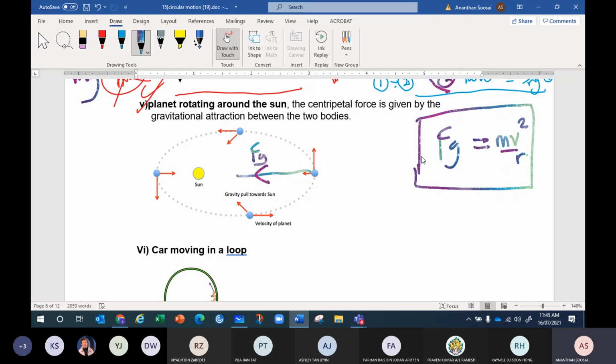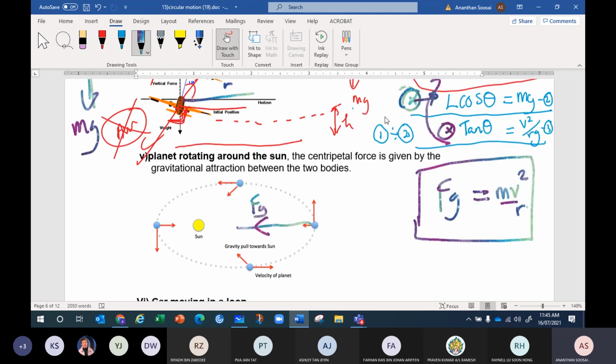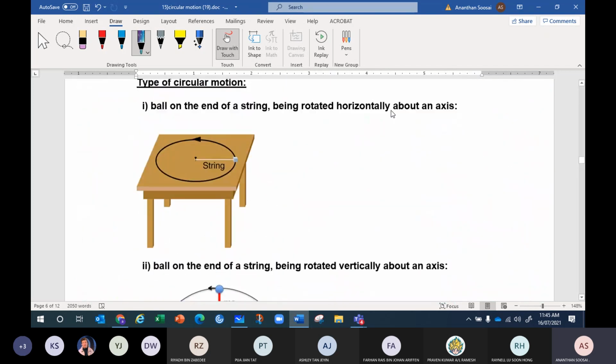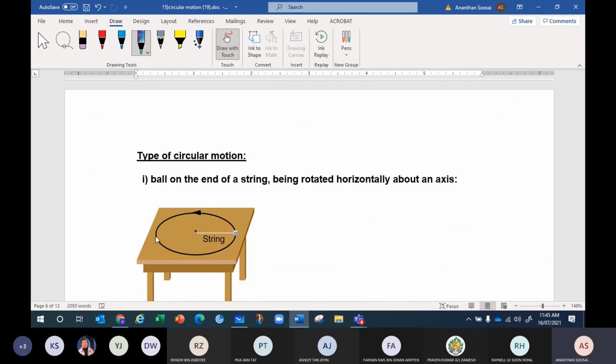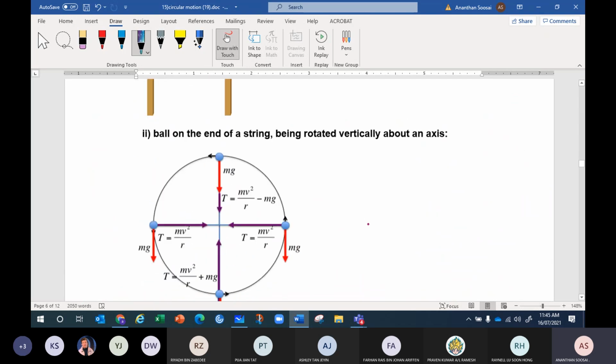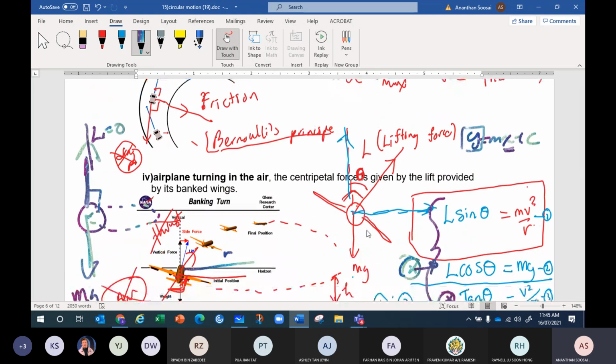The gravitational force between the Earth and Sun provides the centripetal force for the Earth to go around the Sun. Not much to talk about here. This is similar to the first system, a very simple system. Only one force acting toward the center: mv squared over r.